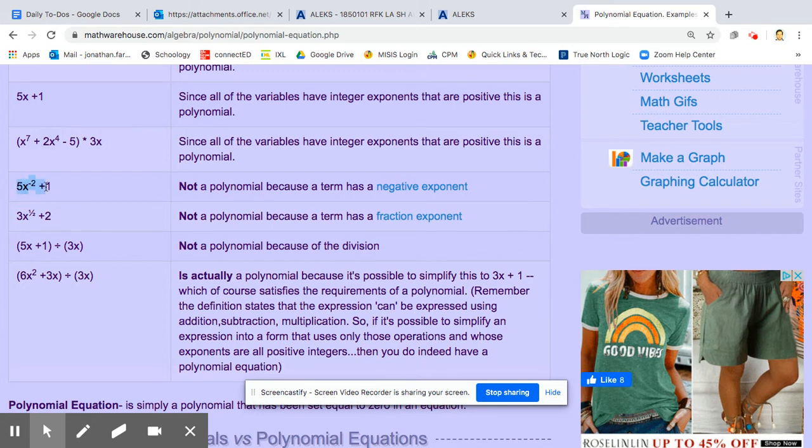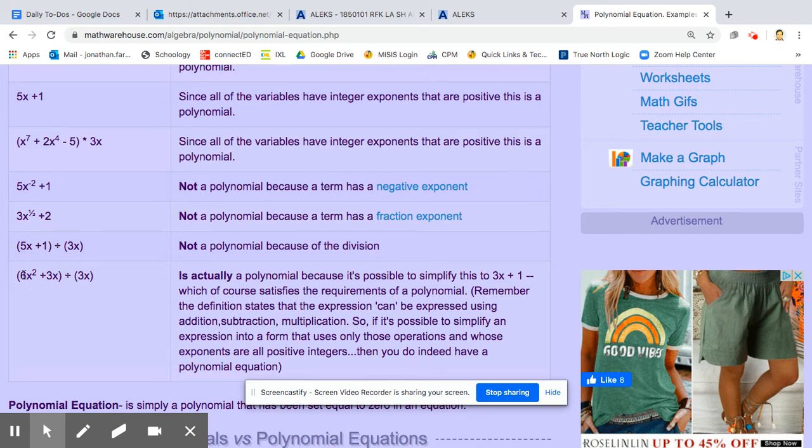Now this is not a polynomial because it has a -2 in the exponent. This is not a polynomial, again, because it has 1/2, a fraction, in the exponent. This is not a polynomial because this is going to be dividing, right? And when we have 5x plus 1 divided by 3x, that is no longer a polynomial.